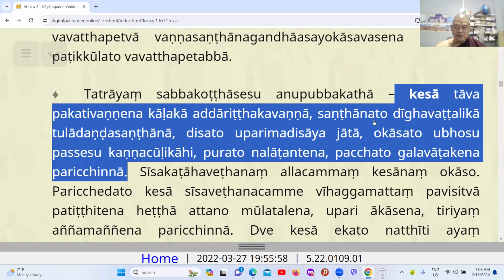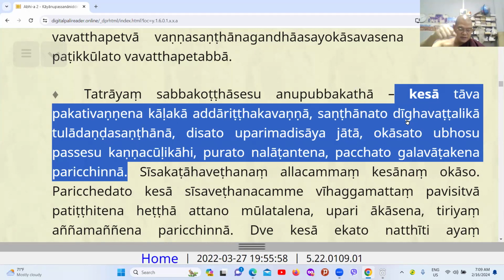Santhanato, the shape of the hair: digha, long, and vatta, round. The form of the hair is long and round. He gave many examples here; for each kotasa the commentator gives many examples. Tuladanda santhana, just like a scale handle, the scale being a measurement.